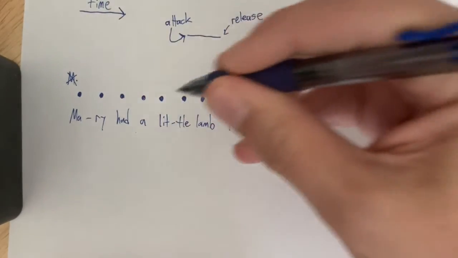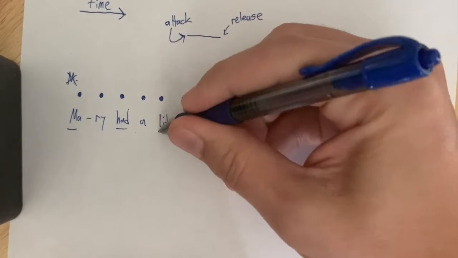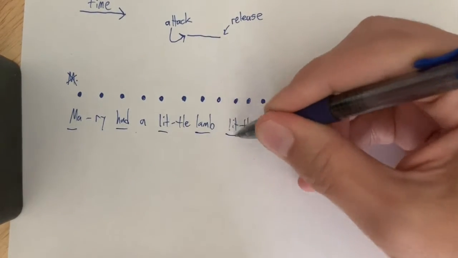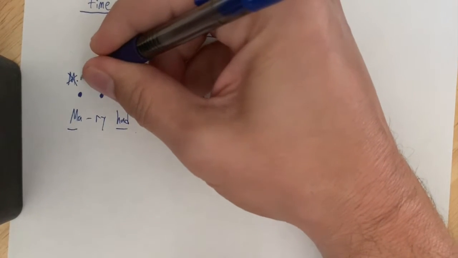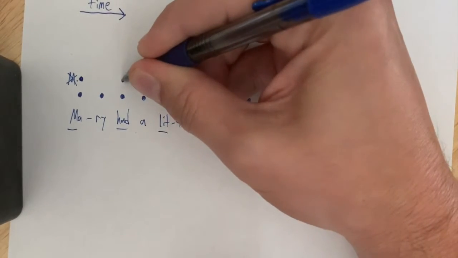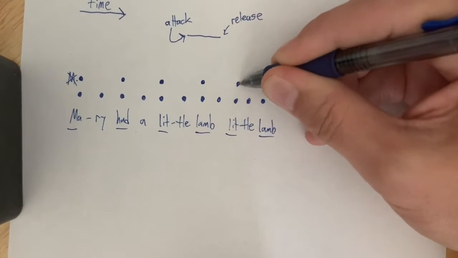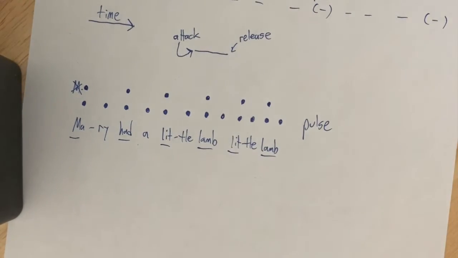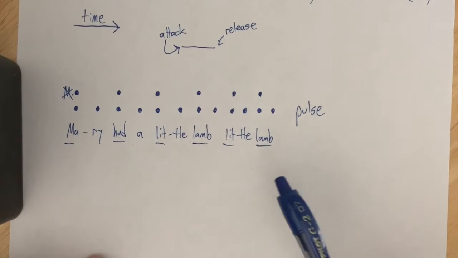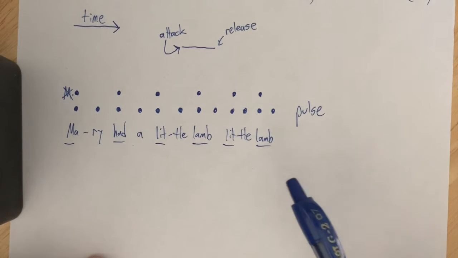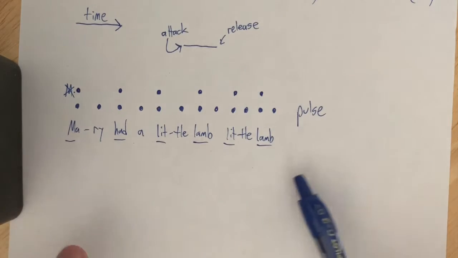One of the most normal ways follows the accent of the text. Mary had a little lamb. Little lamb. All those are more accented. And so, since every other syllable has another accent, what we actually end up having is this other level of pulse, right? We're feeling Mary had a little lamb, but we're also feeling this top level of pulse here.